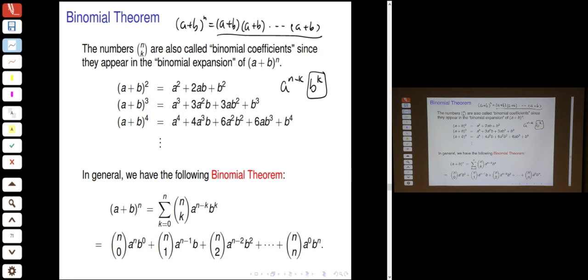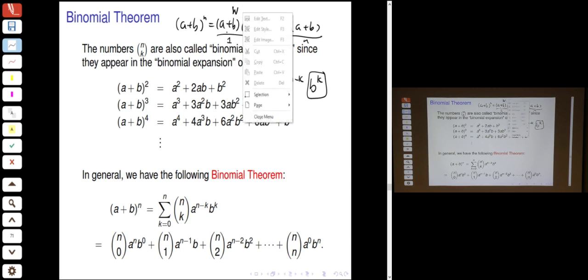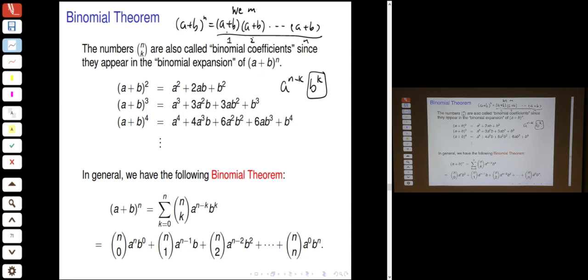I must choose k many b's from the brackets. Among here, I have 1 copy, 2 copies, 3 copies, up to n copies of a plus b. To get b to the k, I must choose k copies of b in the brackets.